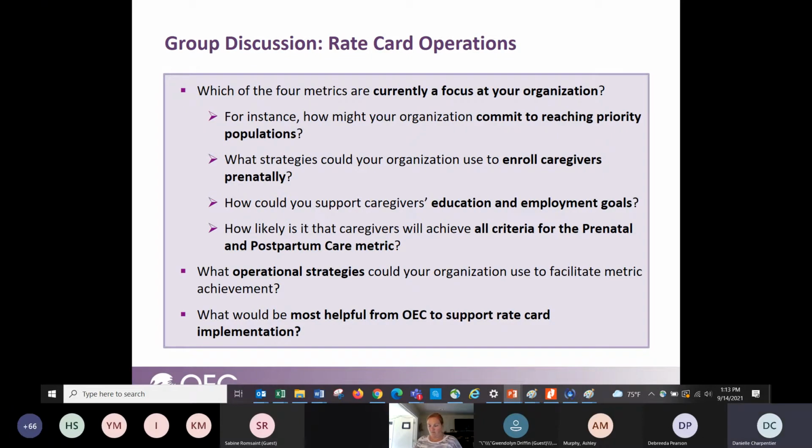On the prenatal enrollment piece, I'm curious if there are, upon reflecting on the rate card or maybe just the overall procurement as a whole, specific strategies at the referral or enrollment stages that your organization is thinking about to continue to enroll families prenatally.